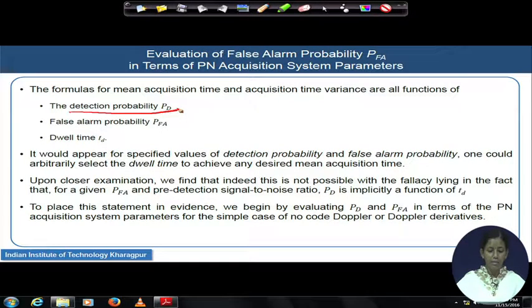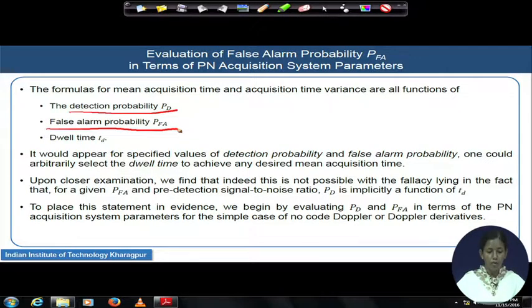Falsely detecting something is quantified by the probability of false alarm. Why does the false alarm come into the picture? Your whole detection and synchronization process is a stochastic process, because it has a large dependency on the Doppler frequency change or the Doppler derivatives, as well as the different delay profile changes of the wireless communication channel.